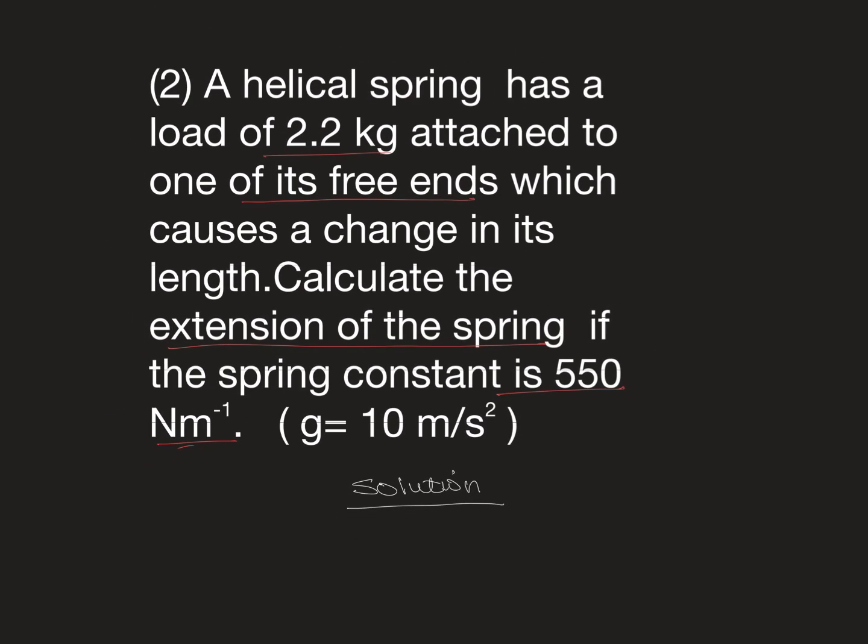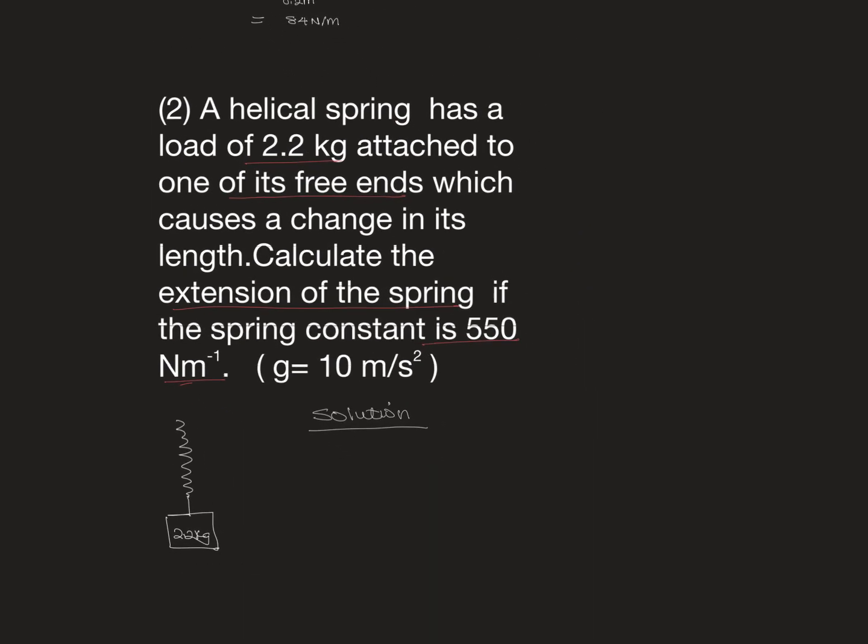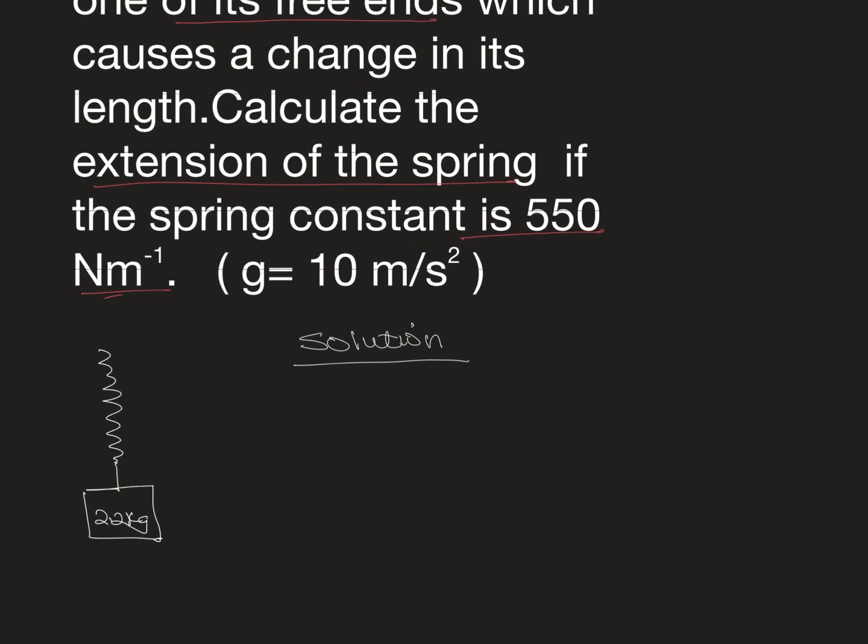From the question, we have a helical spring that has a 2.2 kilograms load attached to one of its ends, and the spring constant is 550 newtons per meter. So we are asked to calculate the extension.